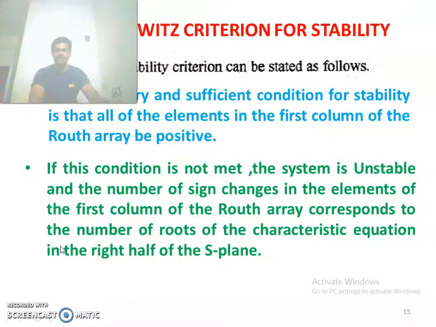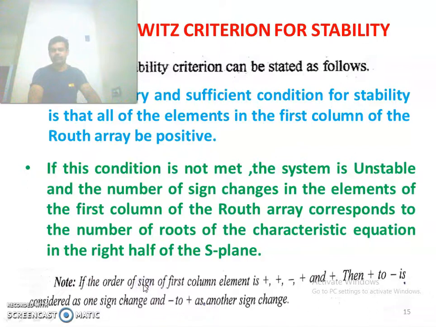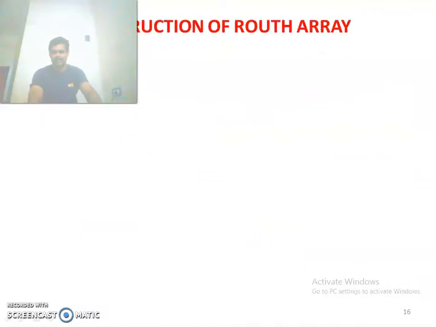If the order of the first column elements is plus, plus, plus, minus, plus, then plus to minus is considered as one sign change and minus to plus is considered as another sign change.